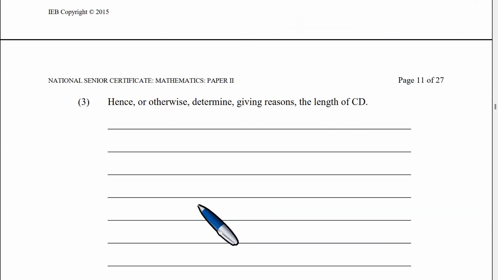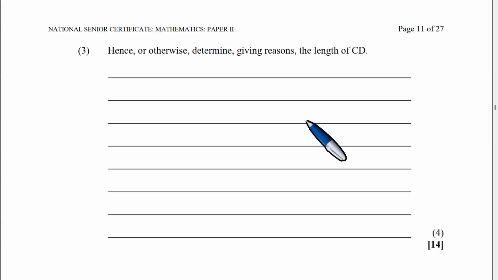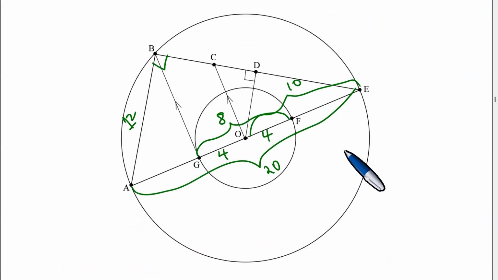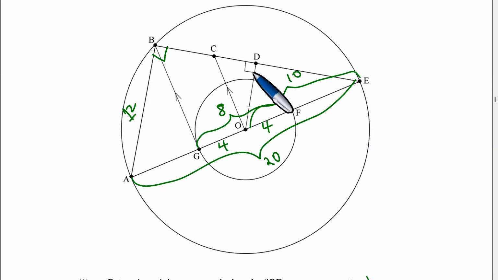Next question. Hence or otherwise, determine, giving reasons, the length of CD. Let's find the length of CD. There are a couple of ways to consider, but you can easily find the length of BD. What is the length of BD?